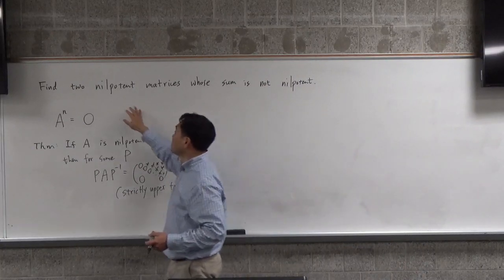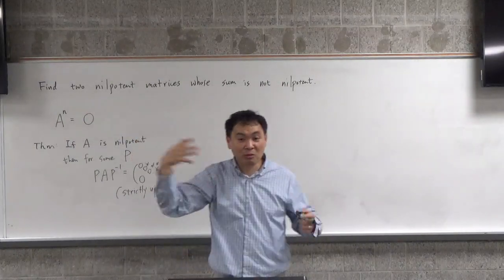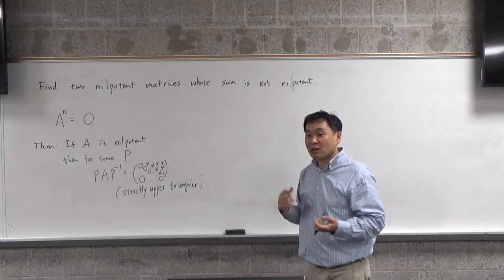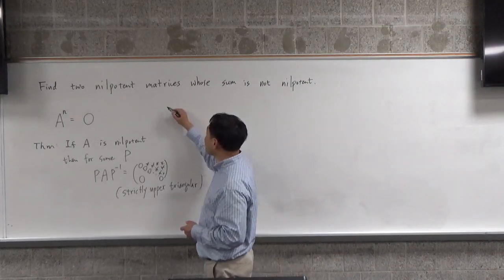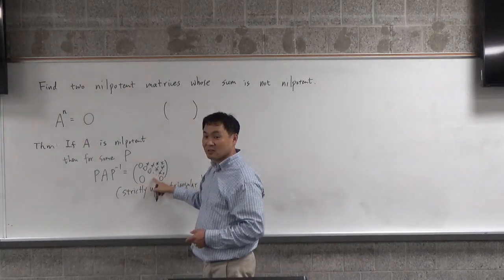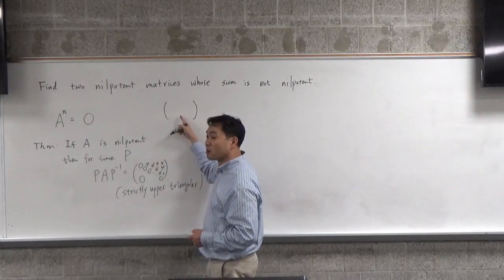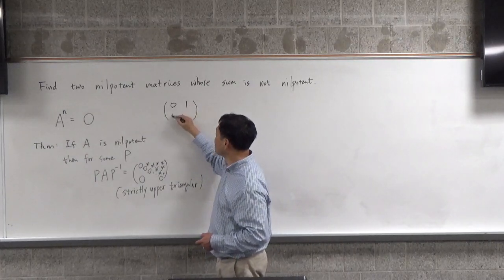See, if you want the simplest example of two nilpotent matrices whose sum is not nilpotent, and you think about 2 by 2, what's an easy example of a 2 by 2 matrix that's like this one? What's a strictly upper triangular 2 by 2 matrix? 0, 1, and 0, 0, right?